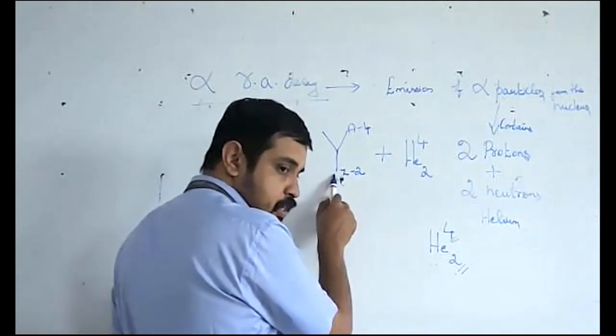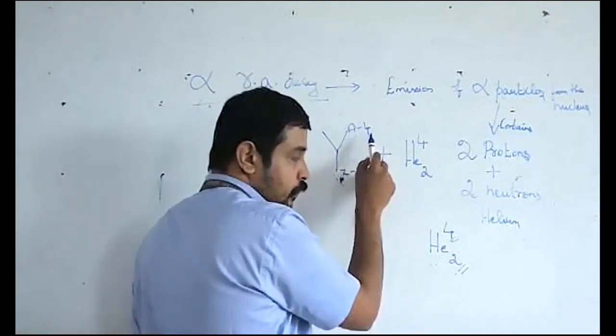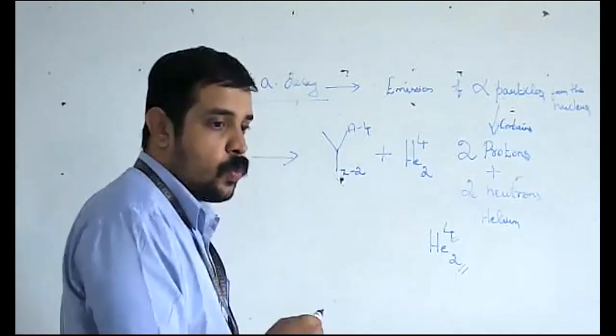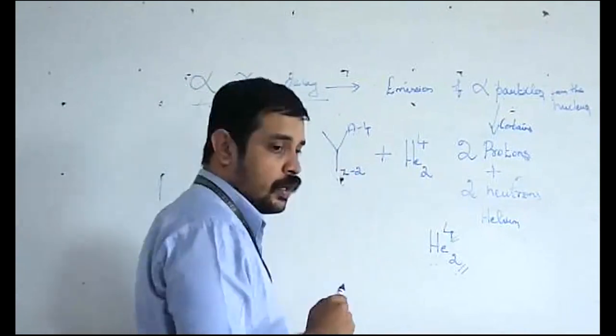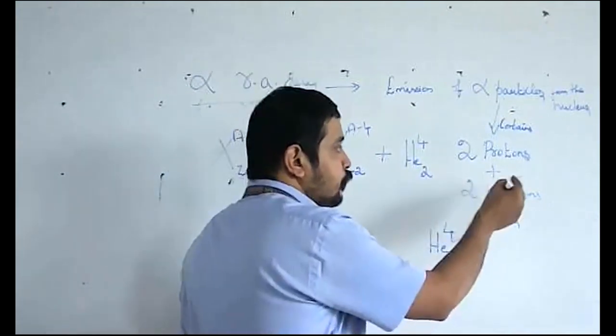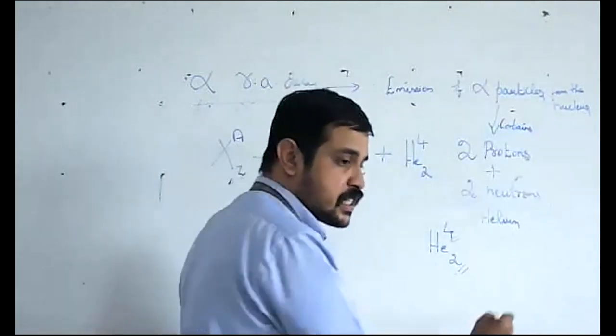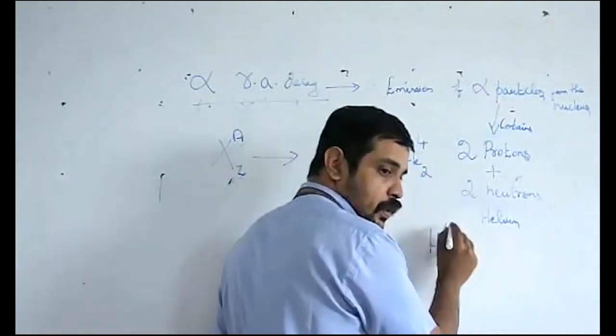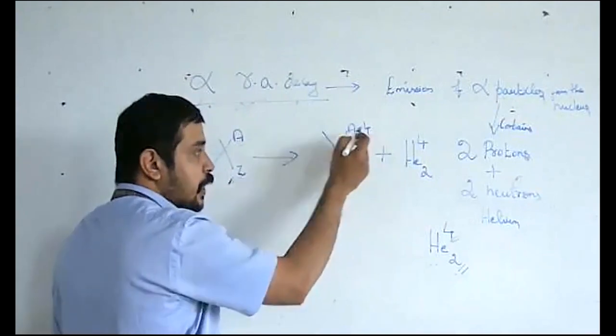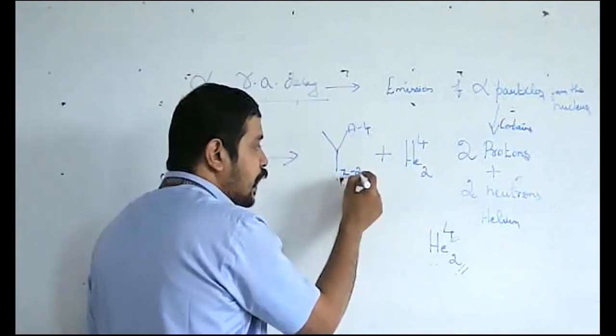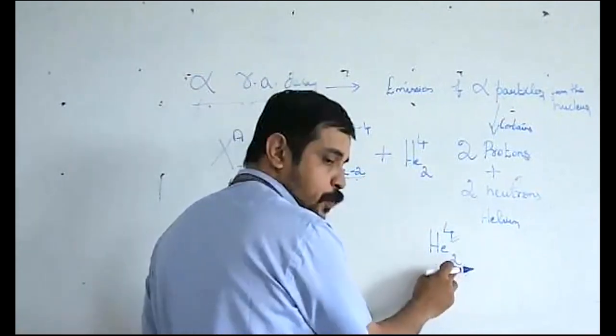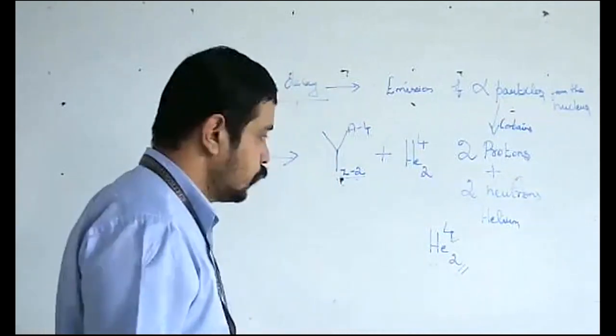Now Y is A minus 4, Z minus 2. Why have I written A minus 4? Because the mass number of an alpha particle is 4. So that is A minus 4. And for Y I have written Z minus 2, that is the protons, atomic number.